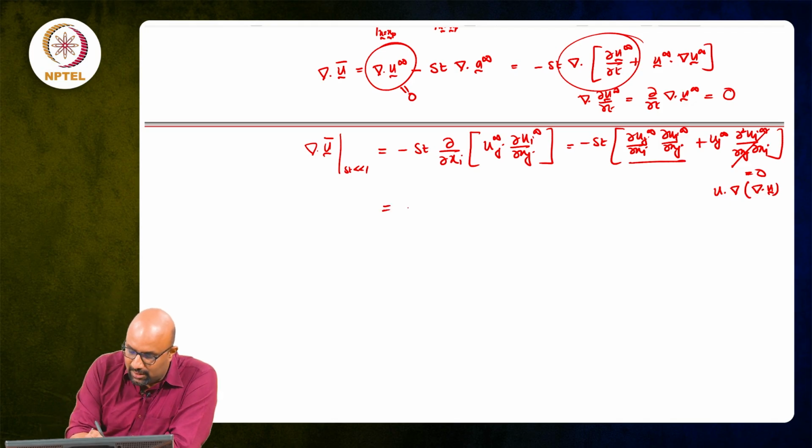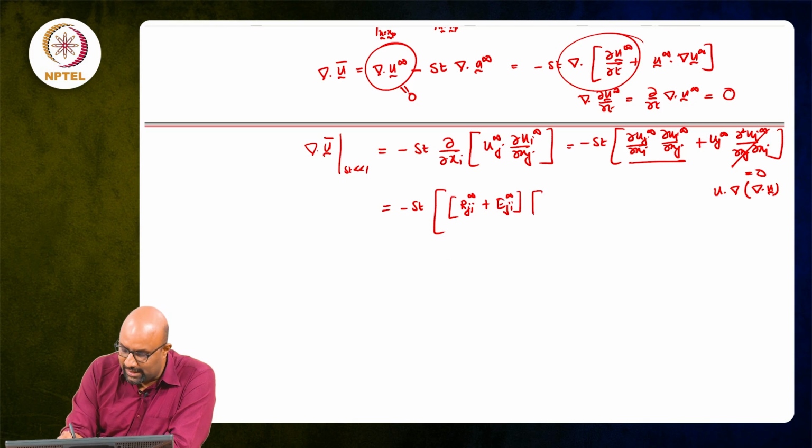Here I have a term which is now minus Stokes dou uj infinity dou xi, which if I write in terms of symmetric and antisymmetric parts, this is going to be rji infinity plus eji infinity, and the second term is rij infinity plus eij infinity.